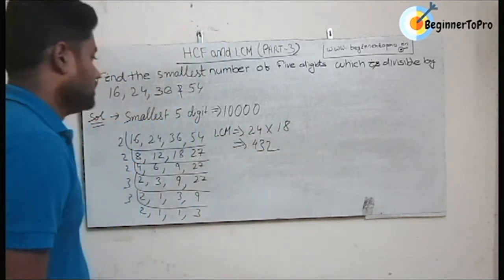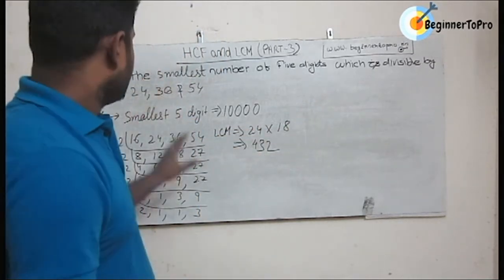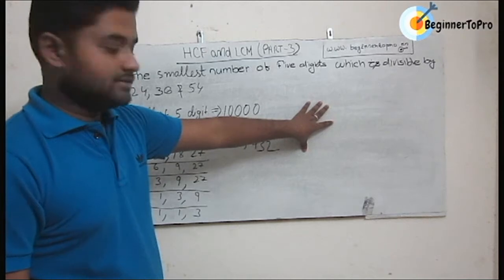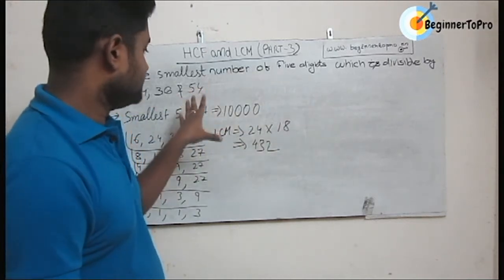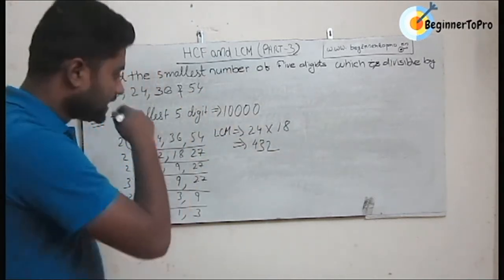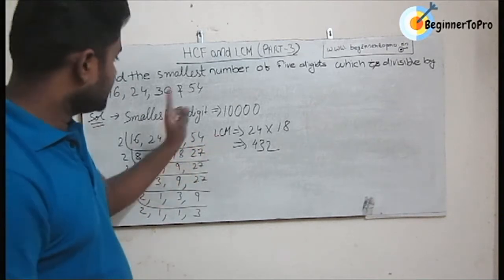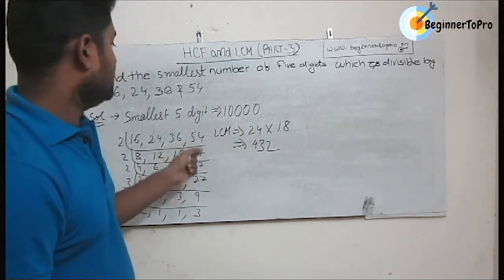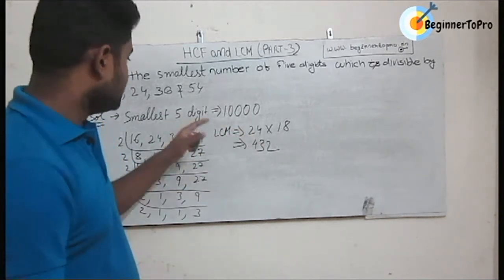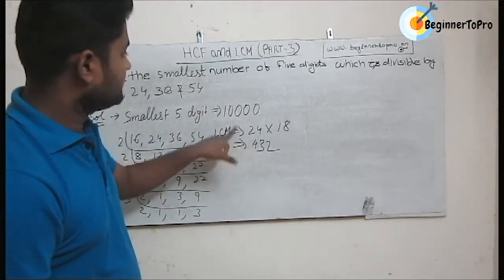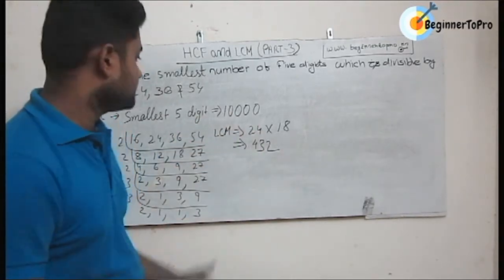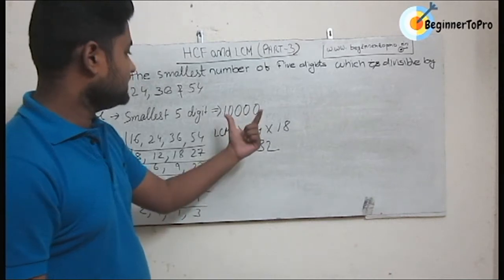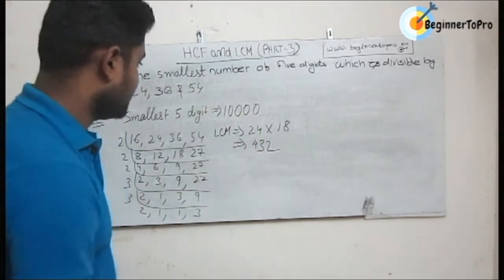Now, from here the process will change. As we have seen in the previous question, we first found the greatest 5-digit number, then we found the LCM, then we divided, and whatever remainder we got, we subtracted it from the greatest 5-digit number.